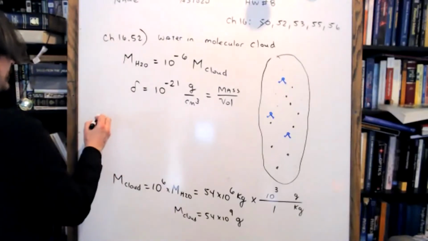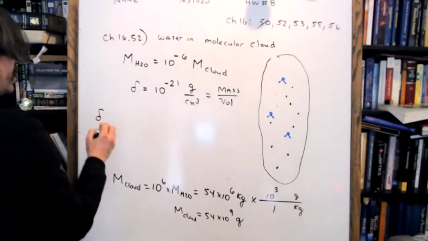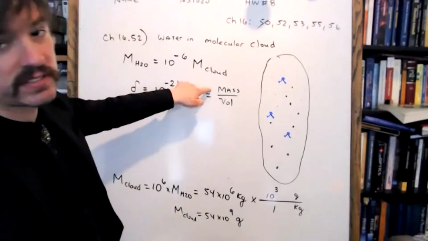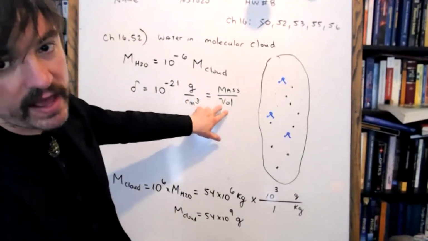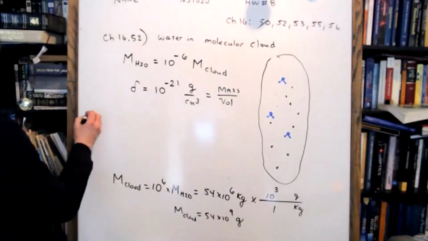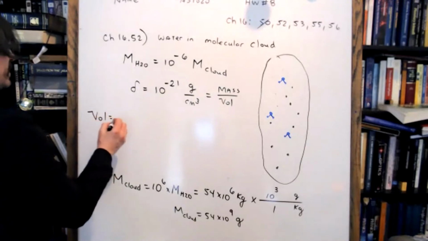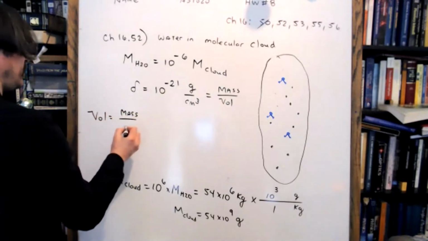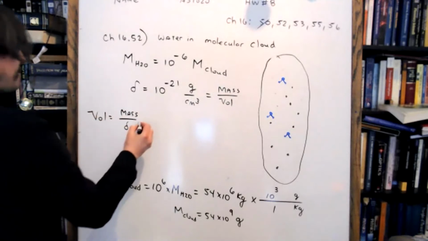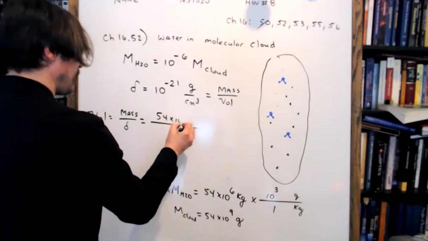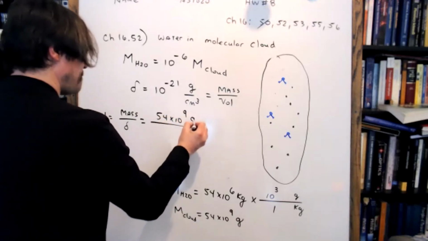Let's say that the density then, wait a minute. Let's rearrange this. If density is equal to mass divided by volume, I can flip the volume up and the density down. The volume of my cloud is the mass divided by the density. The mass is 54 billion grams.